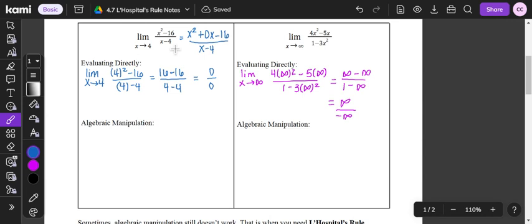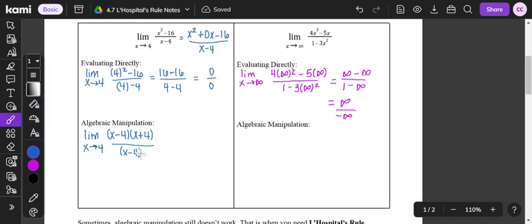Okay, now I'm going to go ahead and factor it, try and simplify this, do whatever I can to try and get something to cancel out. So right here on the top, I could rewrite this limit if I go ahead and factor the top. That is going to be x minus 4 times x plus 4. And then, of course, still divided by x minus 4.